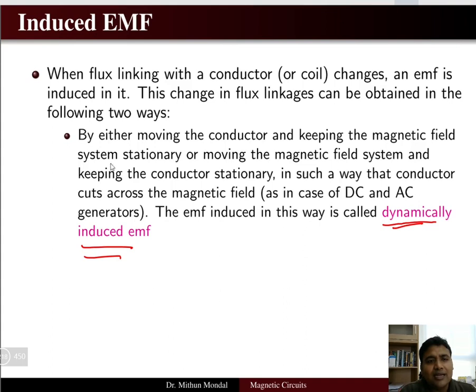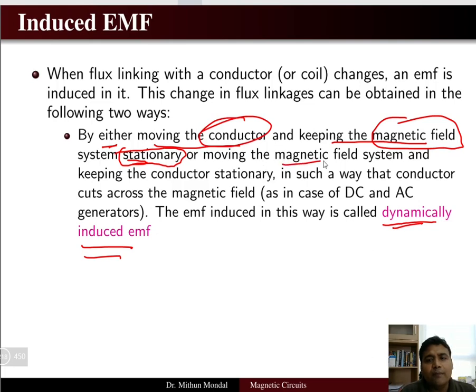The meaning is that you are moving the conductor and keeping the magnetic field stationary. So you are keeping one thing stationary. What is that? The magnetic field. And what are you moving? The conductor. Or if you are moving the magnetic field and keeping the conductor stationary, then in such a way the conductor cuts across the magnetic field, as in the case of DC and AC generators.